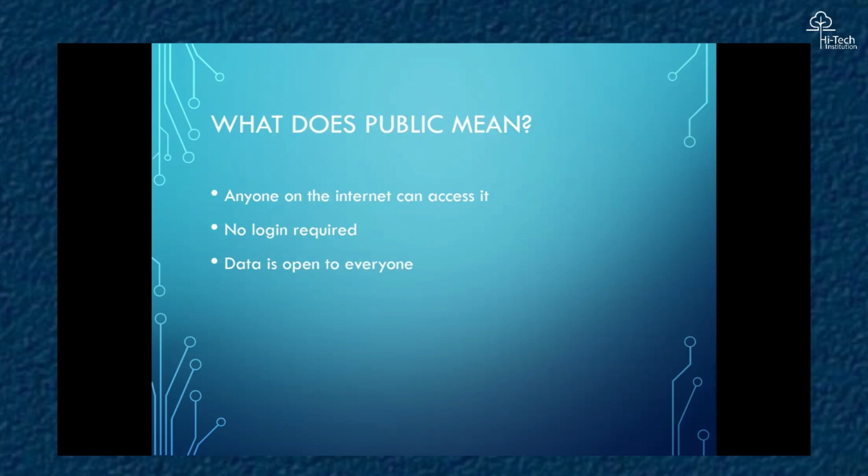Whenever we upload any object, like a Word document, PPT document, or image file, a URL is generated in Azure. We just copy that URL and send it to the respective person. There is no login required; they can hit that URL and access it. So the data is open, and anybody can access it. This is what public means.